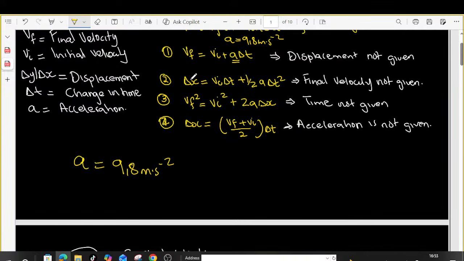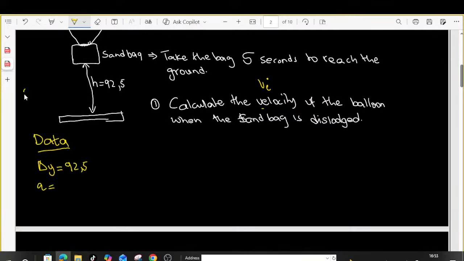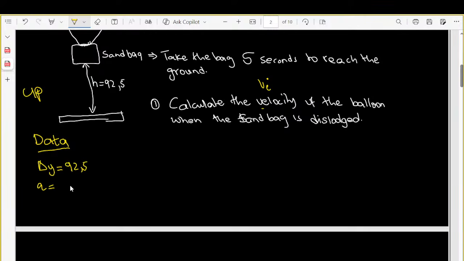That's your acceleration. But now we said we're going to take up as positive. Acceleration always acts down, which means that this will be negative 9.8 meters per second squared. Then another thing that we have is time, which is delta t. It's given as 5. It's always measured in seconds, okay?